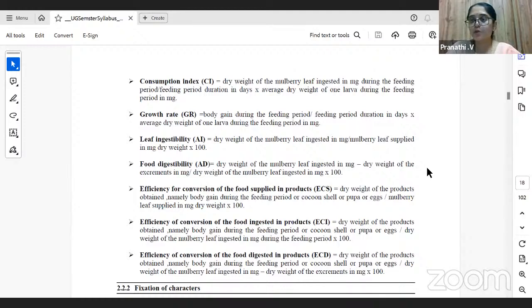And then you have the food digestibility. Now it might eat so many milligrams of mulberry leaves, but how much of it is ingested and how much of it is egested, that is your digestibility. This is AD.